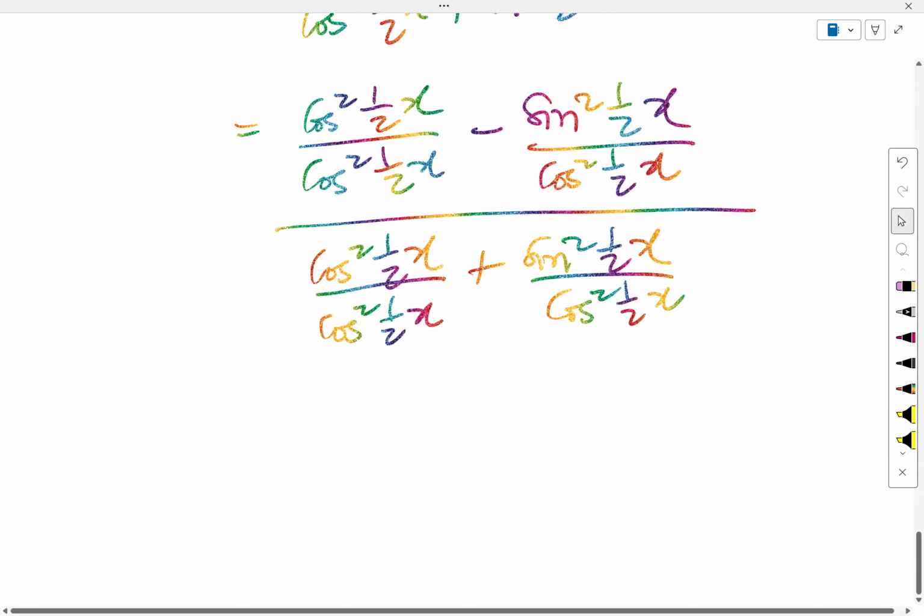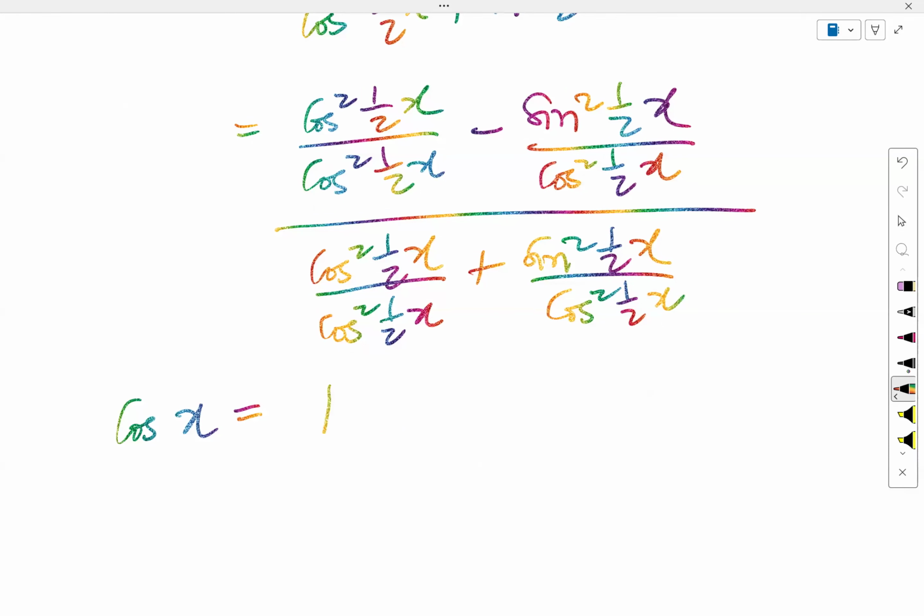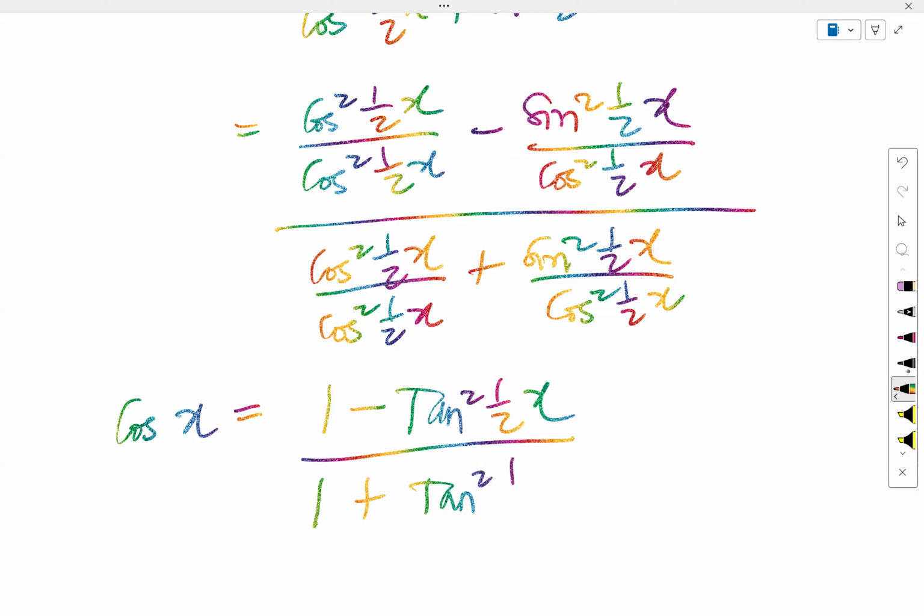So that tells us that cos x is exactly the same thing as cos squared half x over cos squared half x, that's 1 minus tan squared half x. And down here, cos squared half x over cos squared half x, that's 1 plus tan squared half x.